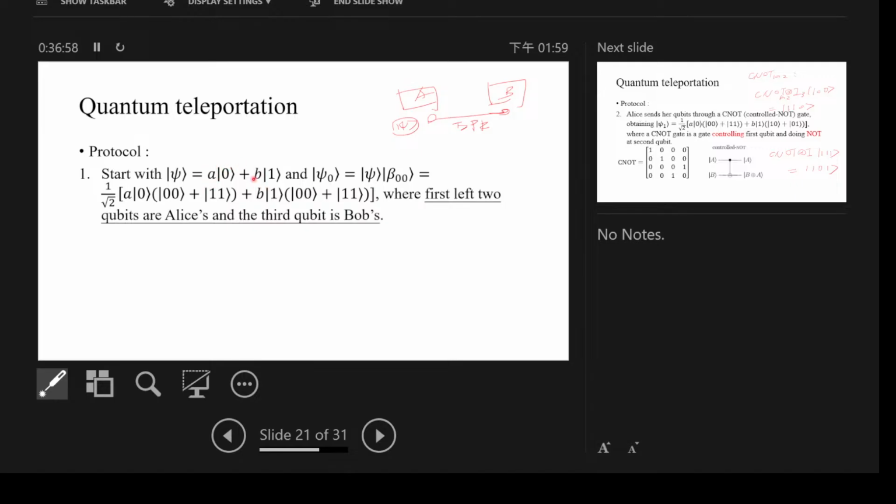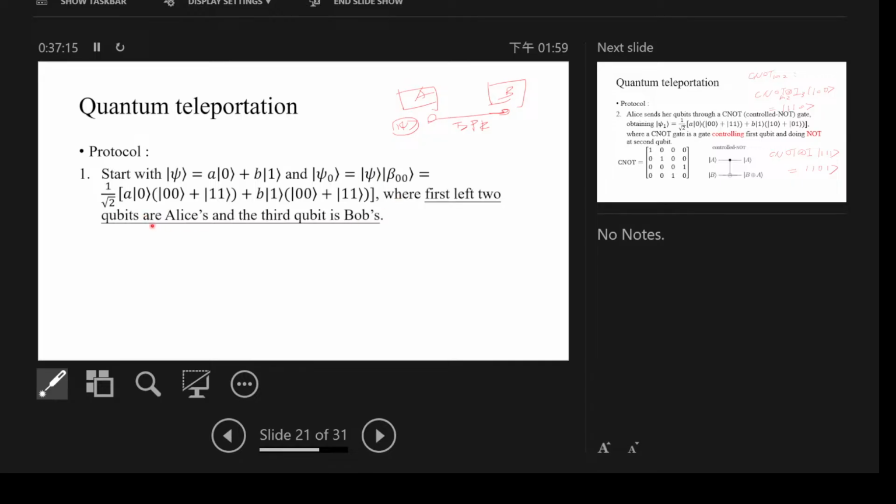Then Alice and Bob also share an EPR pair, the beta 00 state. So the total state of those three qubits is this state tensor beta 00.